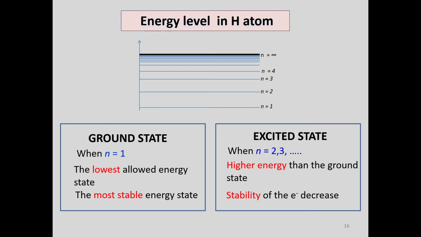Alright, so this is yang I bagi tahu pasal energy level of an atom. So this one N1, N2, N3. So this is ibarat jarak energy level tu kepada nucleus. So this is nucleus lah. So nucleus dekat sini. So nucleus untuk yang dekat sini, which is paling dekat dan paling stable.